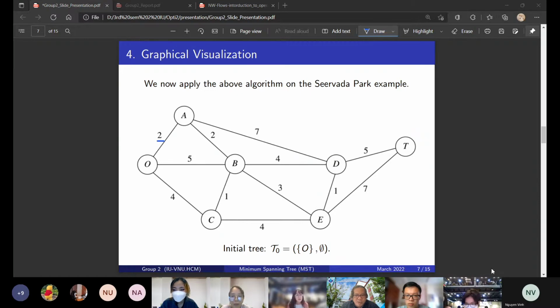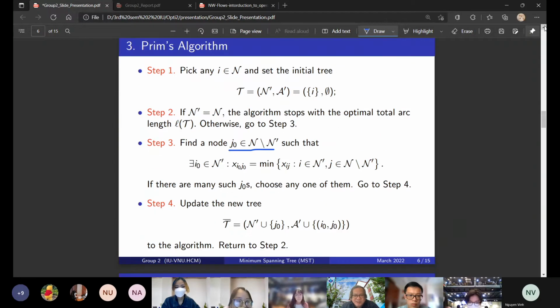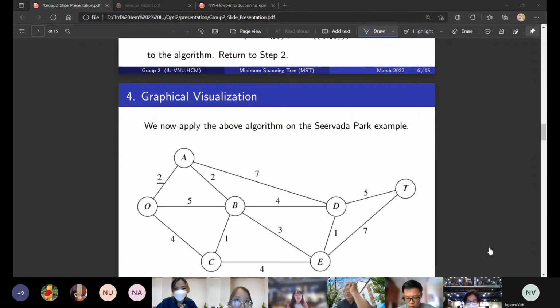No, in step 3, come back to step 3. It didn't say anything about a node you connect from a node in N prime being accessible. Here there is nothing about accessible. Which means the minimum value, J not belonging to N prime.